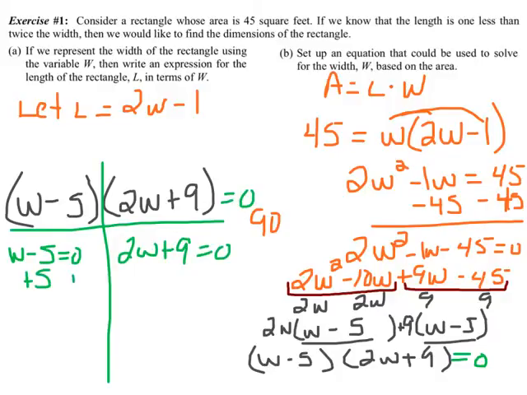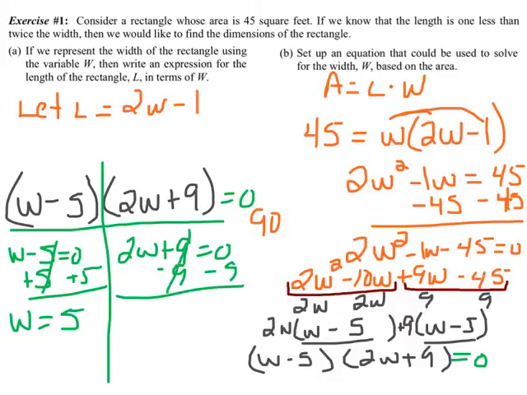Plus 5, plus 5. W equals 5. And then I have minus 9, 2W equals negative 9. Divide by 2, divide by 2. W equals negative 9 halves.